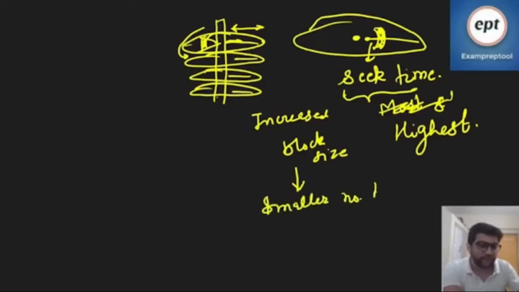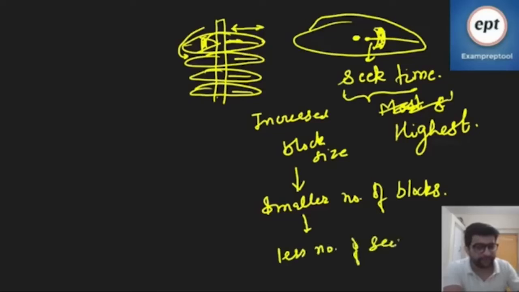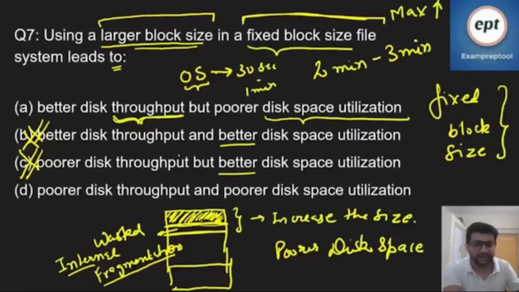And since these are stored in a smaller number of blocks, we need fewer seeks, right? And hence, since the number of seeks is less, it will be faster, right? So we can say that it will give us better disk throughput and poorer disk space utilization. So the answer will be A, right?